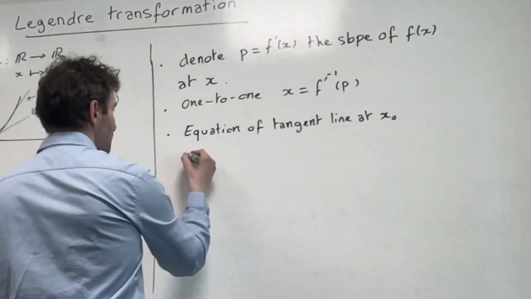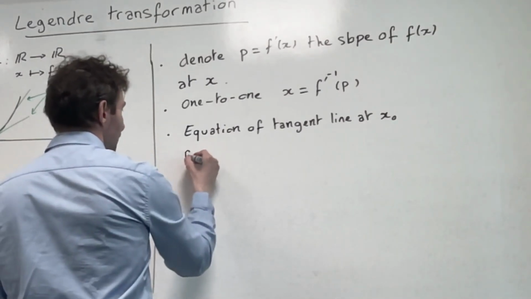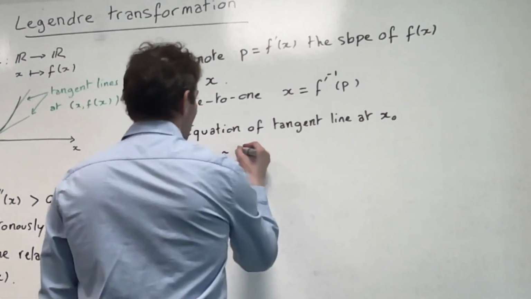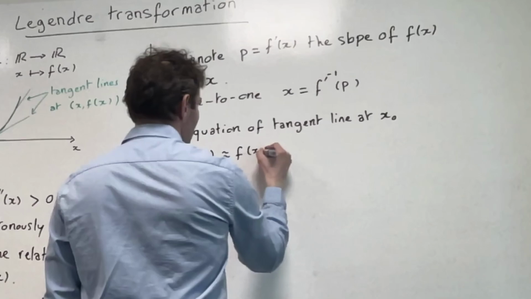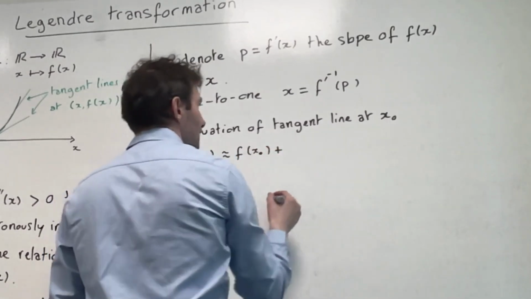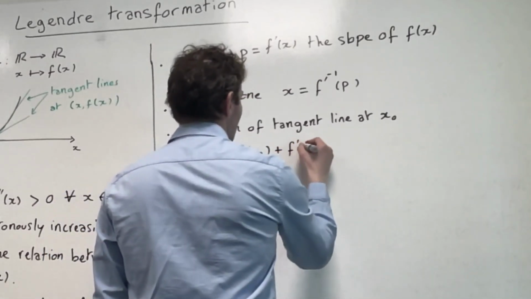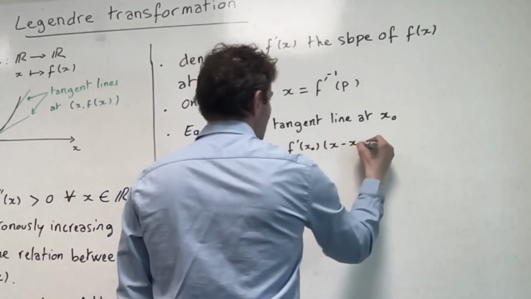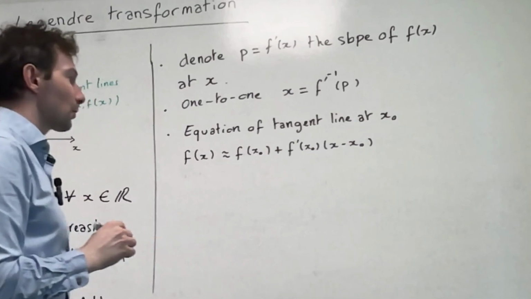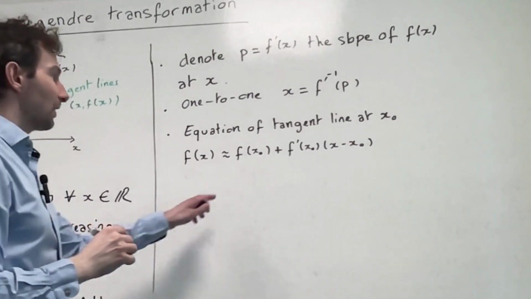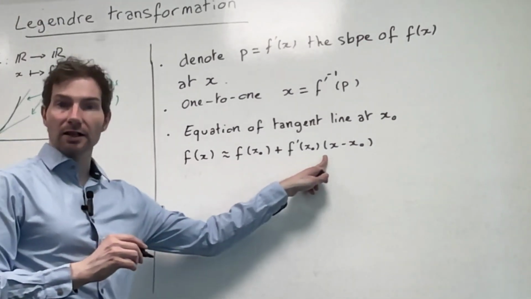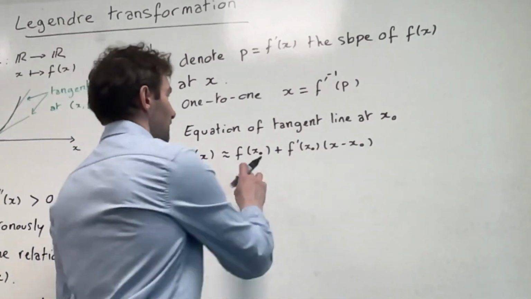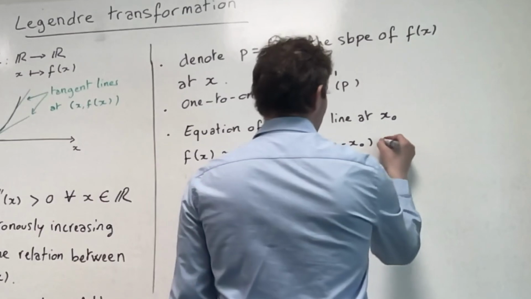Then what you have is that you use that f of x is approximately equal to f of x naught, and then plus f prime of x naught, and then x minus x naught. Okay, and this thing here is the equation of the tangent. Okay, so that's the equation of the tangent line.